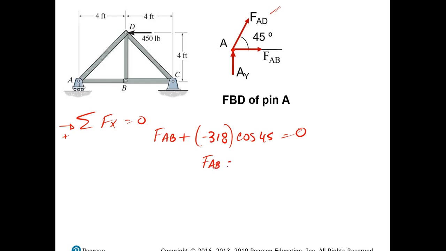Therefore FAB will be equal to 225. Okay, and once I have that value, I will be concluding the exercise.